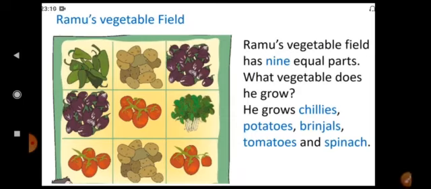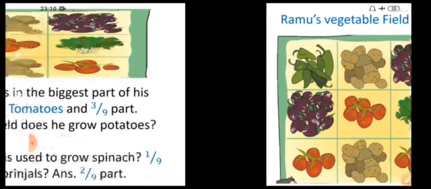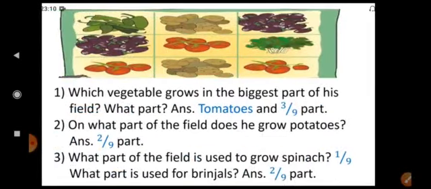As we can see in this picture, he grows chilies, potatoes, brinjals, tomatoes and spinach. Now the first question is, which vegetable grows in the biggest part of his field? As we can see in the picture, he grows tomatoes in the biggest part of his field.